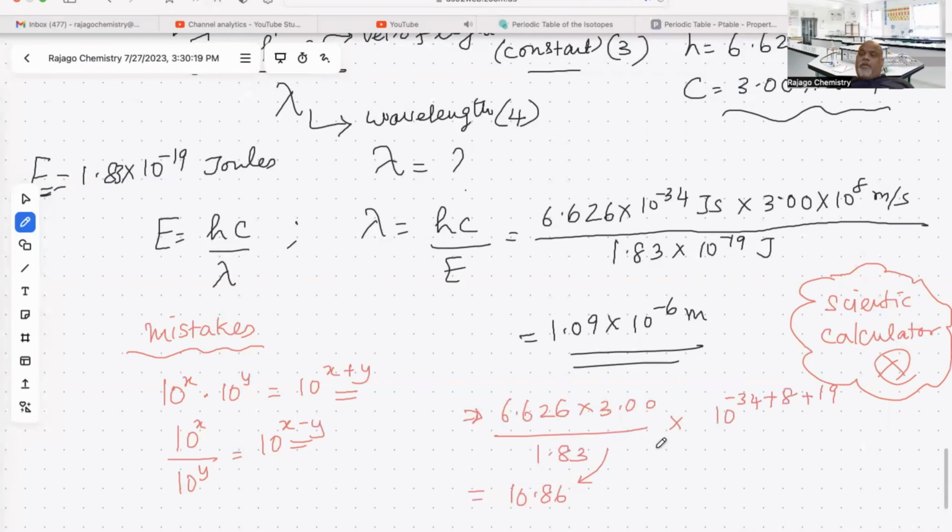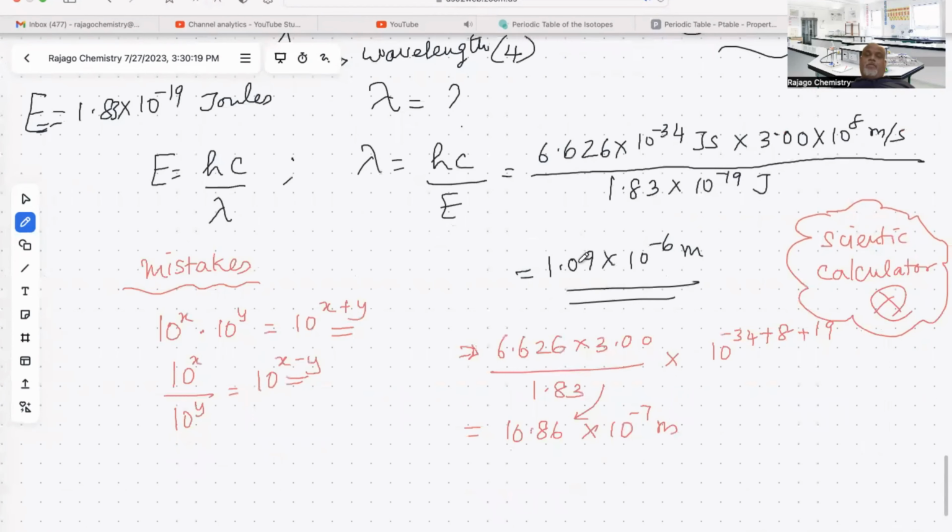So it is going to come 10 to the power of minus 7. And then you change this into one single digit, that's 10 to the power of minus 6.